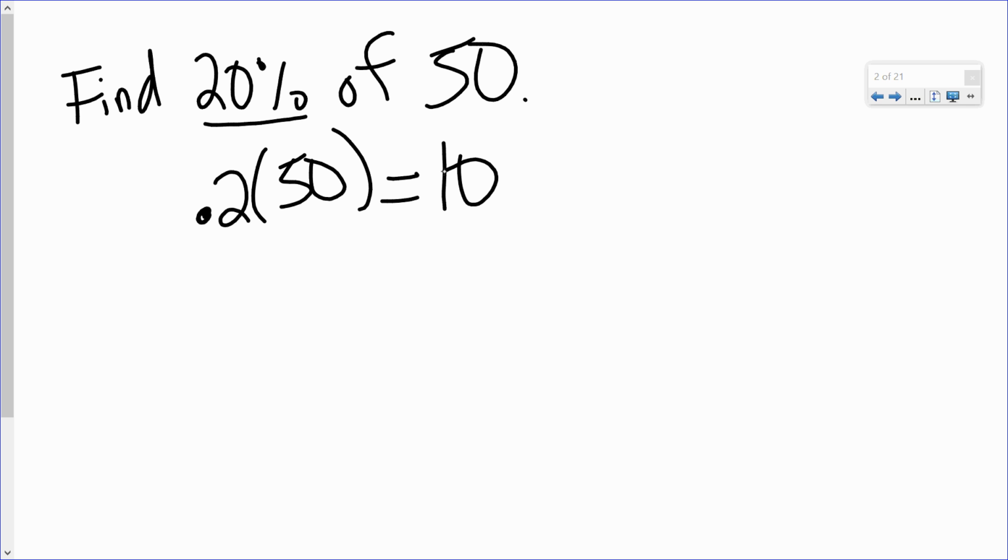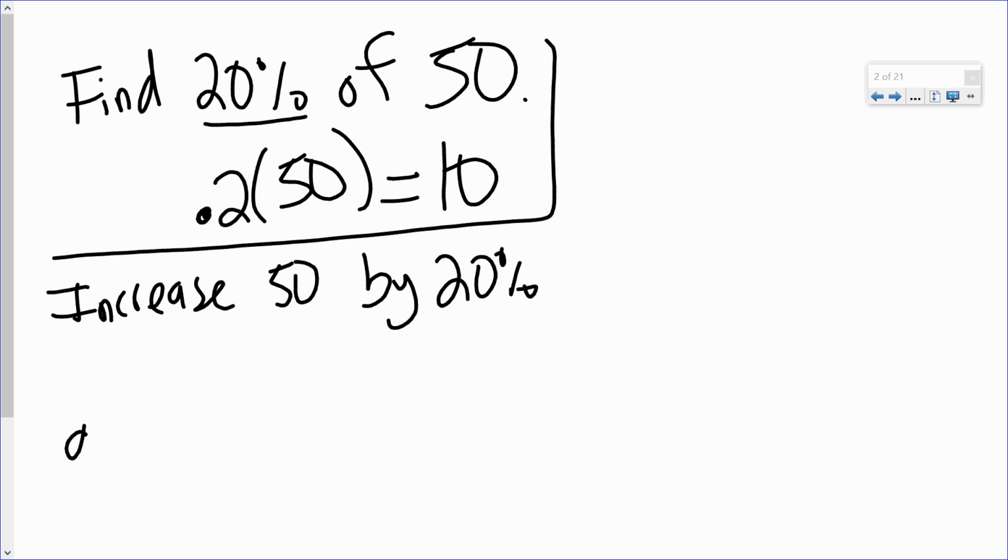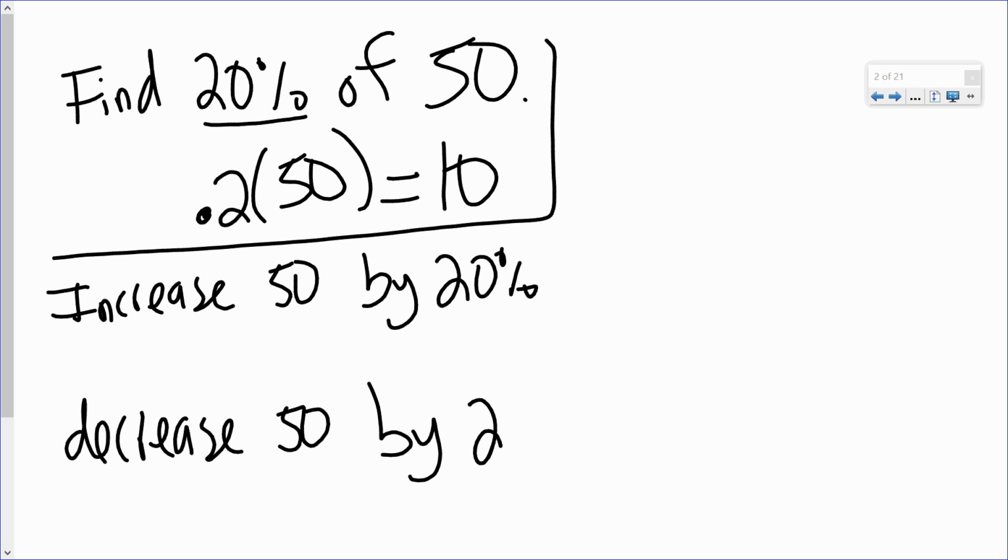Now, if I want to increase 50 by 20%, and if I want to decrease 50 by 20%, whenever you are increasing or decreasing by a percent, you are adding or subtracting to 1.